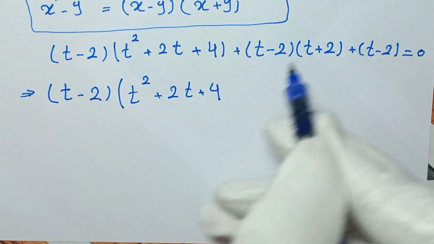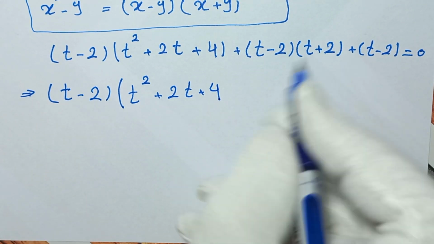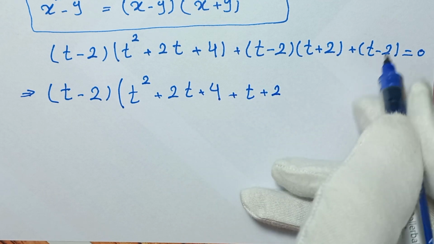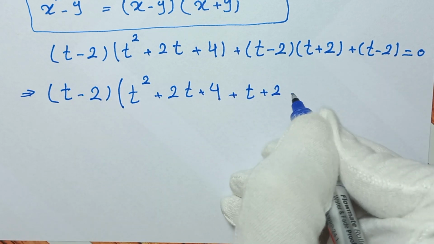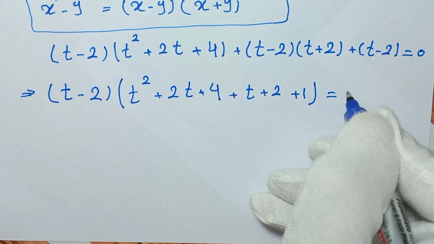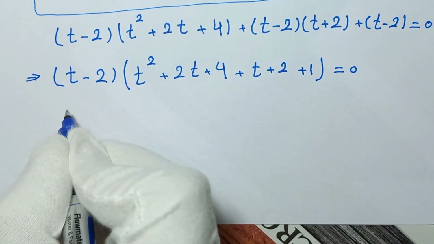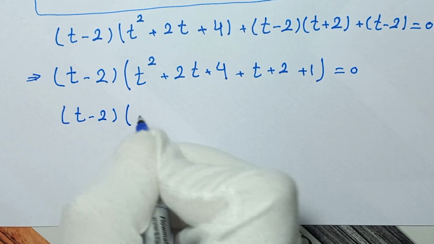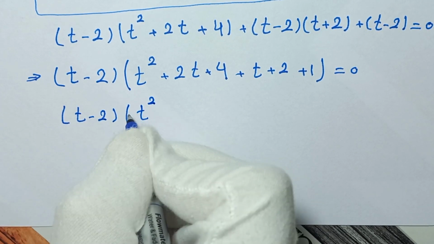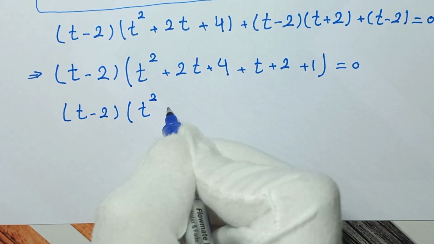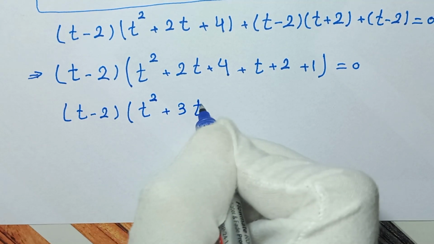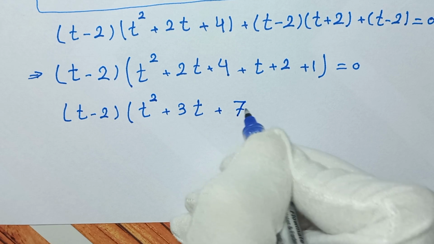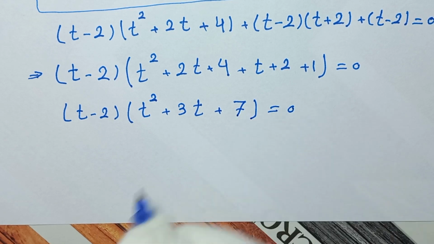And here, this divided by t minus 2 will be t plus 2, so we have t plus 2. And this divided by t minus 2 will be 1 is equal to 0. And it will be t minus 2 times t square. In here, 2t plus t will be 3t. And 4 plus 2 plus 1 will be 7 is equal to 0.